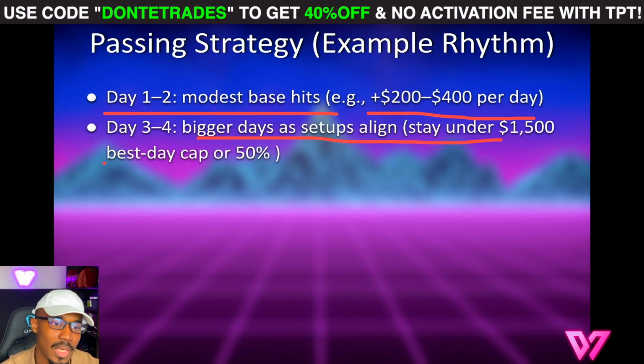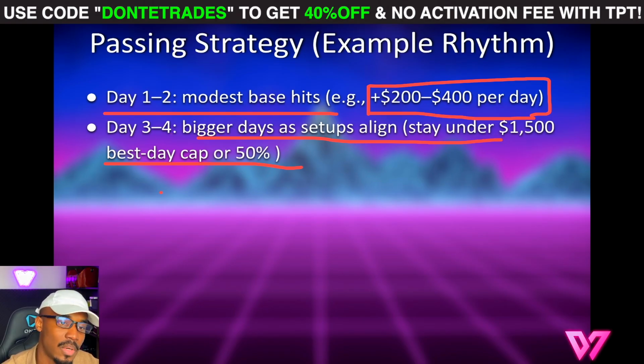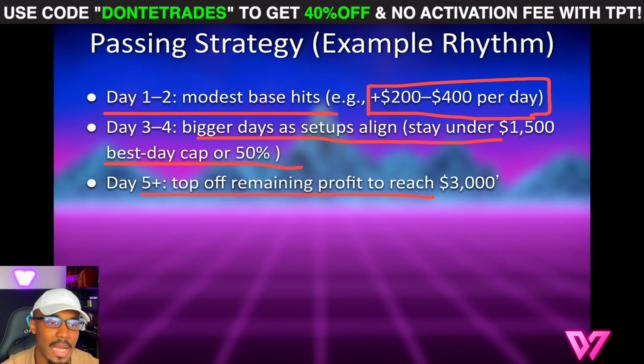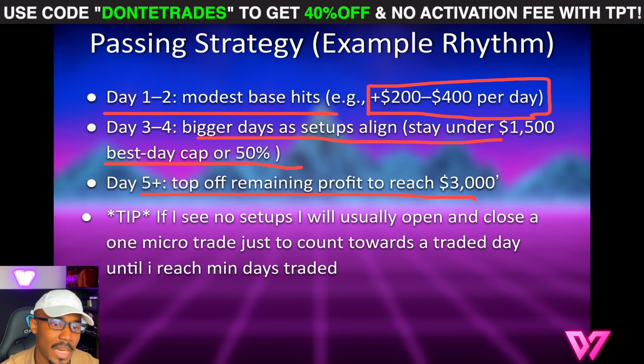So if you can hit that 1,500 max cap on a trade, then you can do that in day 3 or 4 once you've built up a couple winning trades, so you have a little bit of a buffer there. But day 3 or 4, we're just stepping on the gas pedal a little bit basically, and then day 5 we're just topping off the remaining to reach the $3,000 profit goal, probably trading micros at that point, etc. But this is the passing strategy.